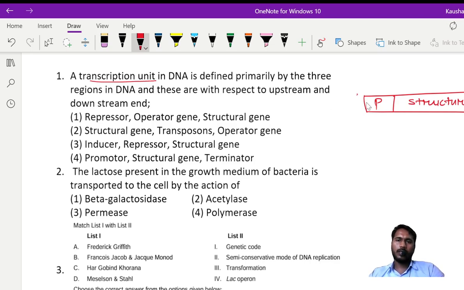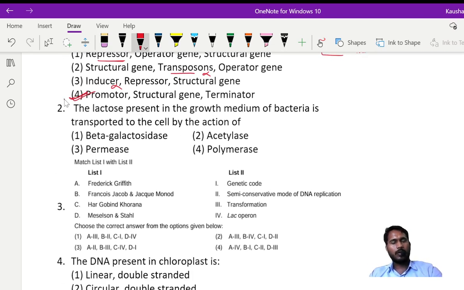Now operator can be here, but the repressor gene will be somewhere away from this. This is upstream and this is downstream. So this is our unit. Now promoter and structural gene are important. Transposon is not there. Operator gene no. Inducer no. Repressor no. These are not part of the gene. So promoter, structural gene, and terminator are the important things.